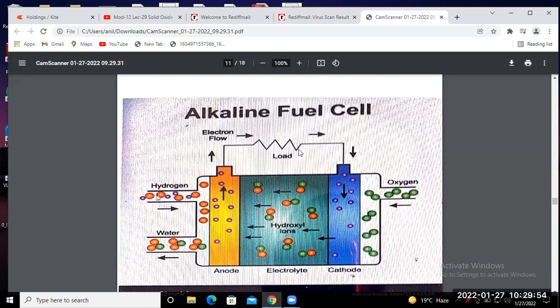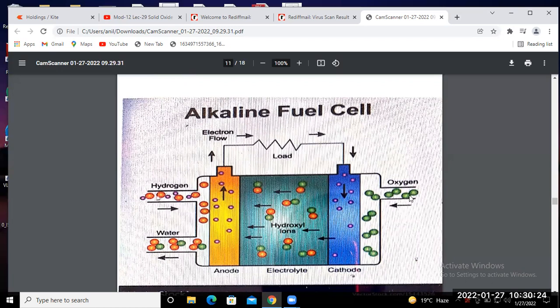Sorry, for the flow of electrons, you may find out this red one is showing the hydrogen, and this one represents the hydroxide ion, that means OH minus.